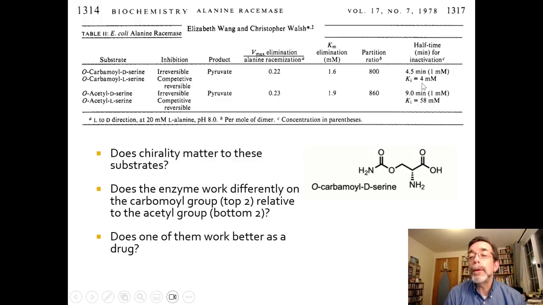You can see on the right that the half time for inactivation was 4.5 minutes for this one, and it's 9.0 minutes for the other one. This is one of the ways that we can give you test questions like that.